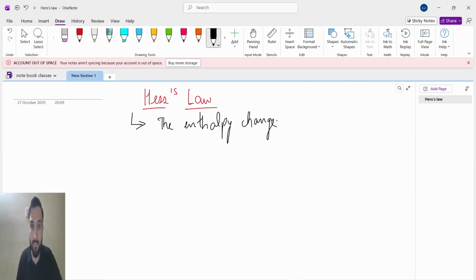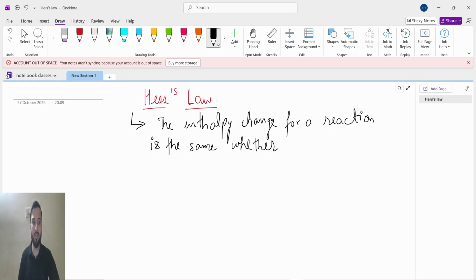Okay, the enthalpy change for a reaction. Enthalpy change means what? We are talking about delta H. So the enthalpy change for a reaction is the same whether the reaction.